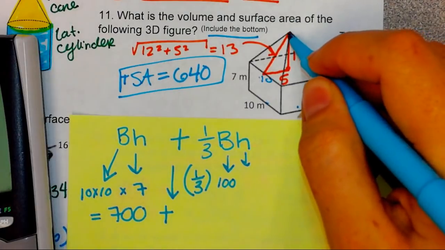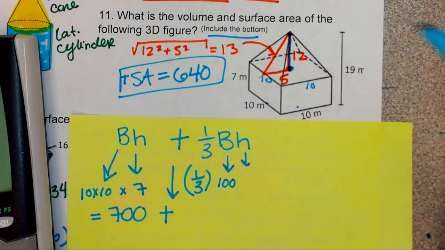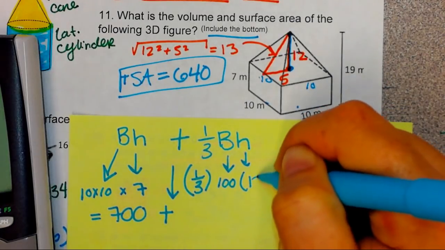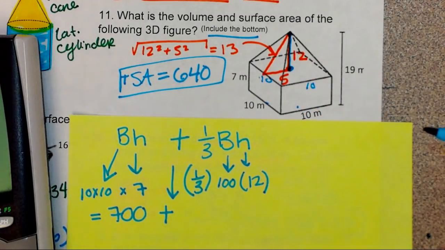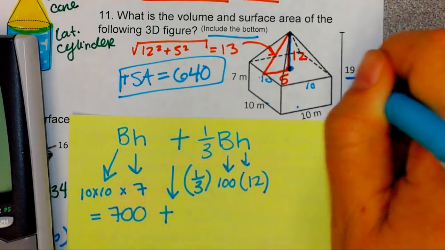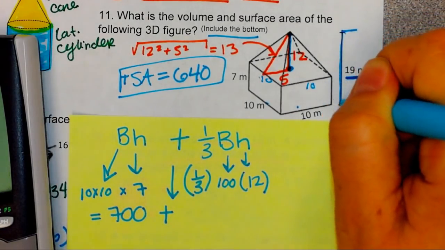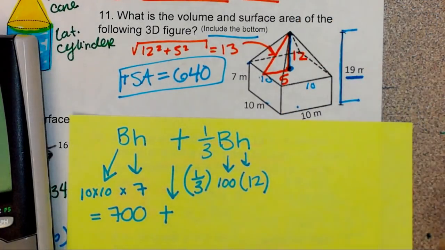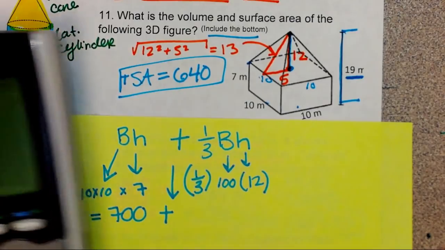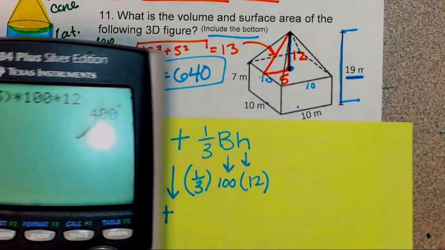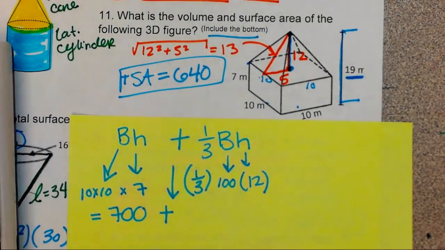And then the height for the pyramid, we solved for it to get that it was 12. Just FYI, if you forgot how we solved for that, 19 minus 7 would give you this height of 12. So 1/3 times 100 times 12 gives us 400.